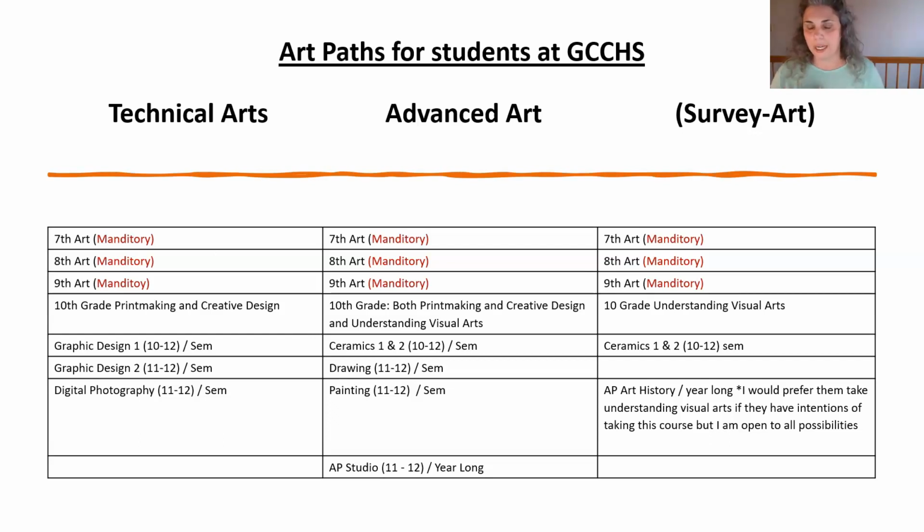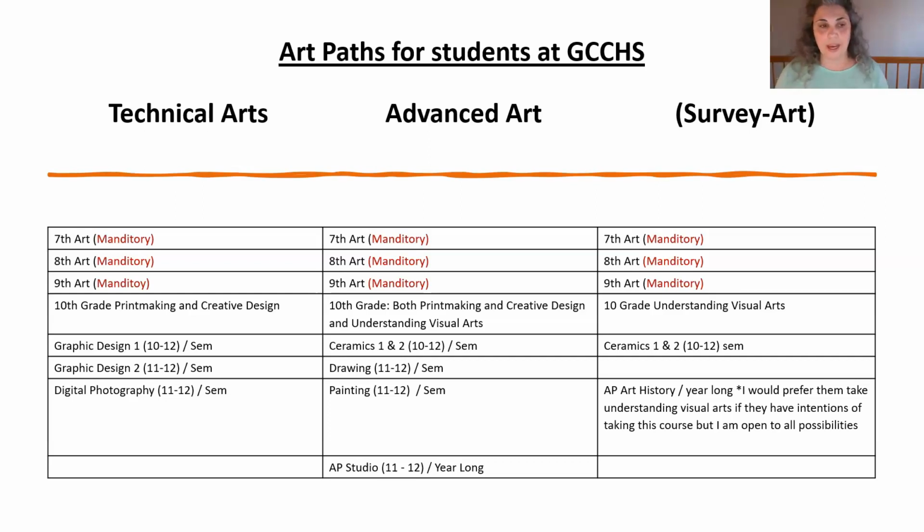So we tried to align these survey classes so kids could take classes that were fun, but they were still to be taken seriously, because one of my biggest pet peeves is when kids assume that art is like a dumping ground. And I don't really appreciate it when administrators think that as well. So I think that when you approach your curriculum this way, the administrators take you more seriously, and they know, hey, you can't just dump kids in these classes.